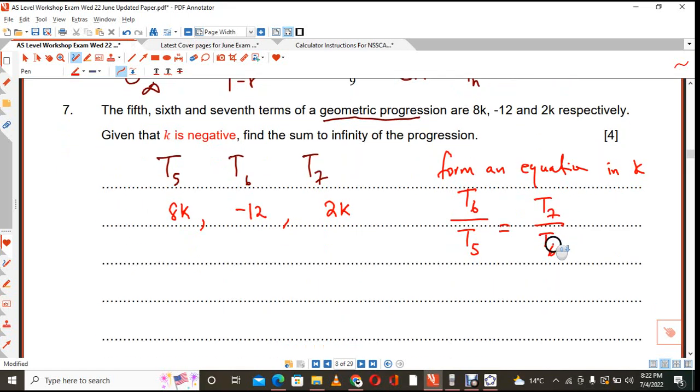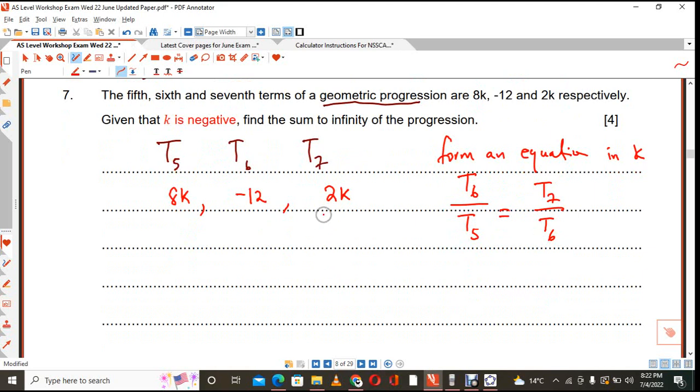Hopefully you are aware that when we are dealing with geometric progressions, you divide the terms. So term 6 is negative 12. Term 5 is 8k. It should equal term 7, which is 2k, over term 6, negative 12.